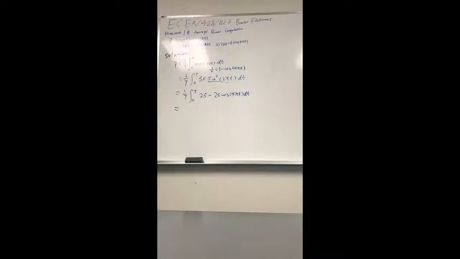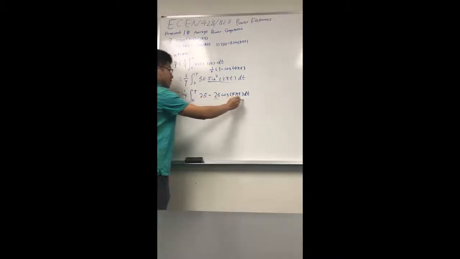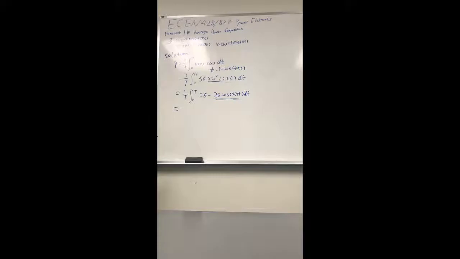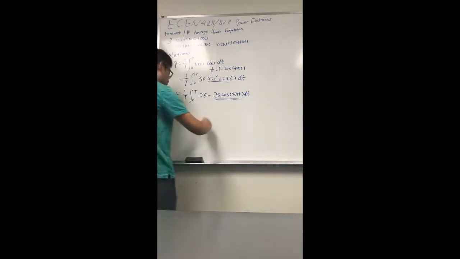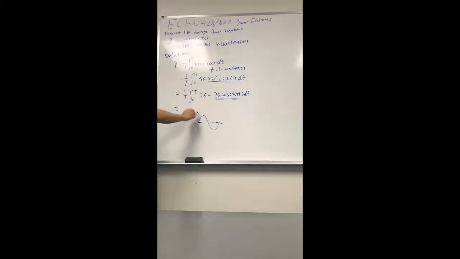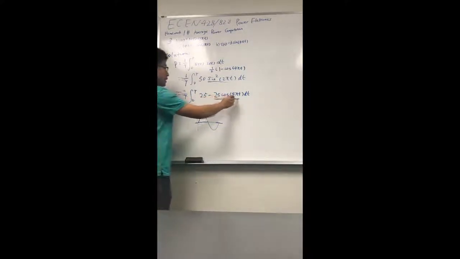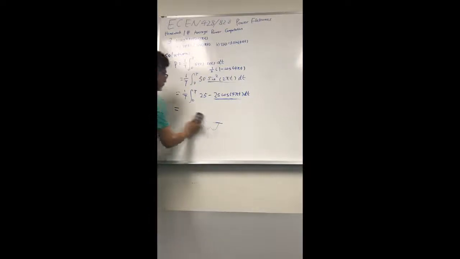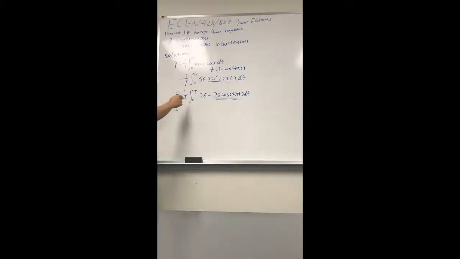There is no need to calculate this integration. This is because the average value of a sine or cosine function equals 0, for the sine function, the average value equals 0. The same for the cosine function. So there is no need to calculate the second term. So the answer is 25 watts.